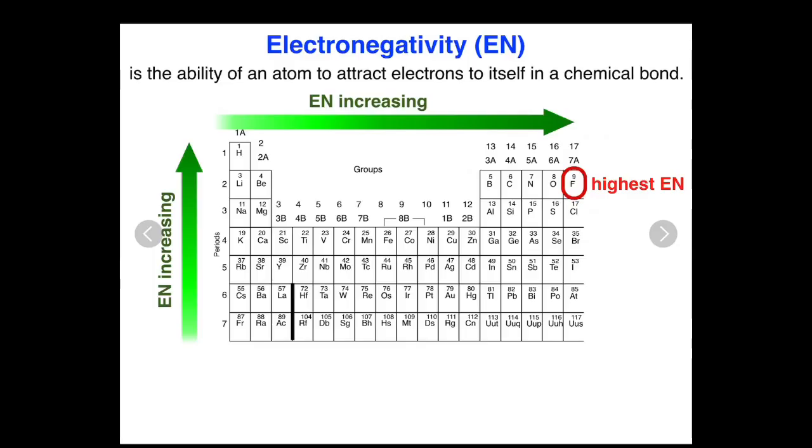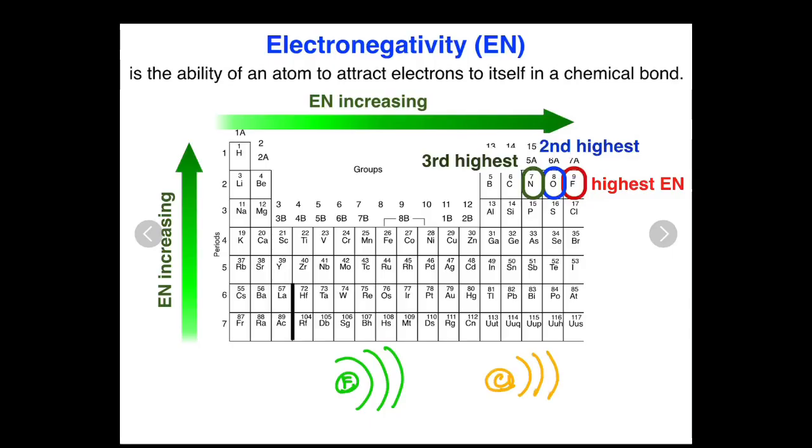And you are going to see as well, it's going to be followed by nitrogen and oxygen. The reason for that is because, again, if you compare fluorine and chlorine, right? So fluorine would have 3 layers. So 1, 2, 3, right? Versus chlorine would contain 4 layers, 1, 2, 3, 4.